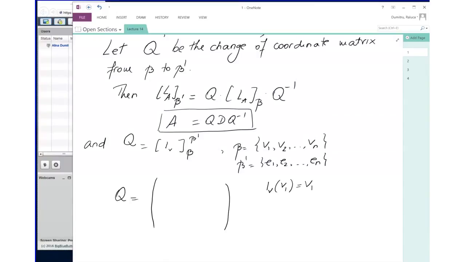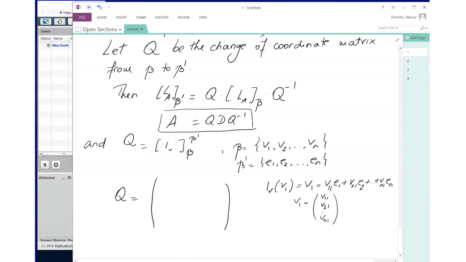So what's the first column then of Q? It's the first entry of V1, let's call that V11, plus the second entry of V1, plus the last entry of V1, where V1 is just an n by 1 vector.